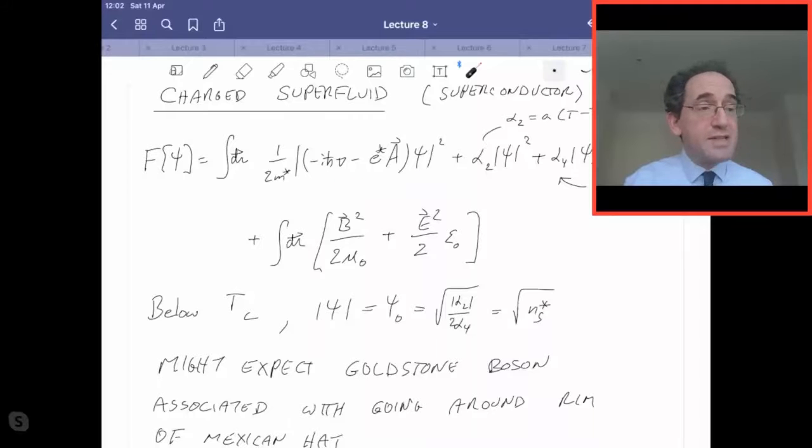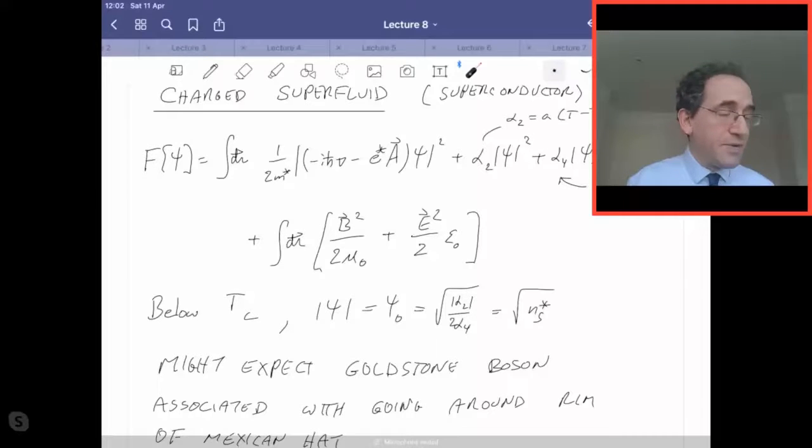free energy here is gauge invariant, and so you can make a gauge transformation on it. Well, we already know that the electromagnetic fields are gauge invariant. You can make a gauge transformation on the vector potential, and the electromagnetic fields stay unchanged. Here it doesn't look gauge invariant, but it is gauge invariant under a simultaneous gauge transform on both the vector potential and the field psi.